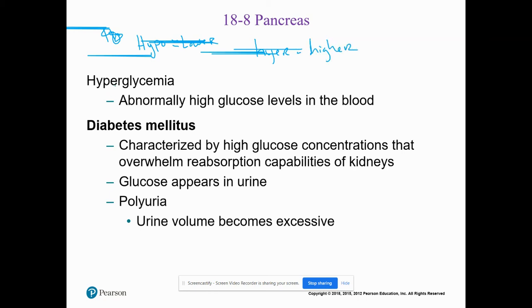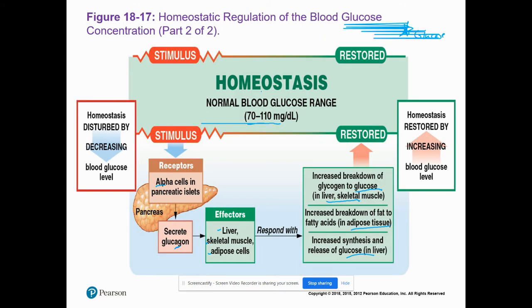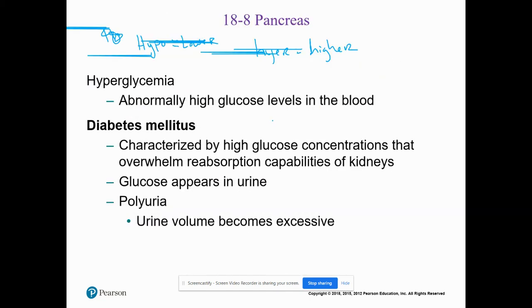Okay, so hypoglycemia is lower sugar. Hyperglycemia is higher sugar. So if you hear somebody is hyperactive, that means they have higher than normal energy and activity. Right? If they have hyperglycemia, they have higher than normal glucose levels, which you have to be careful with because it can cause a lot of damage if you come out of this range. Whether it's too low or too high, you can cause a lot of damage.